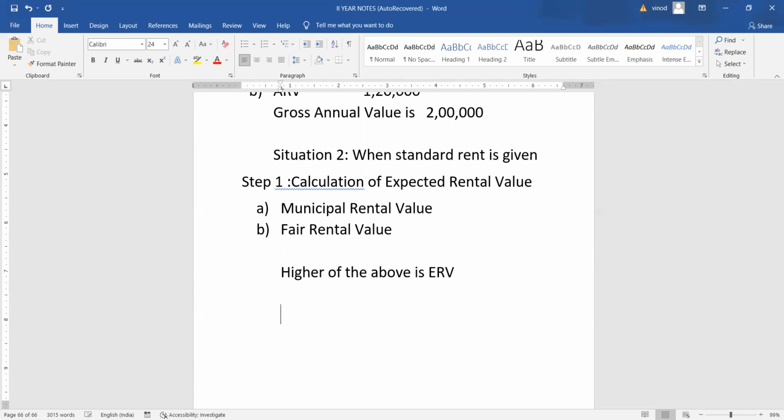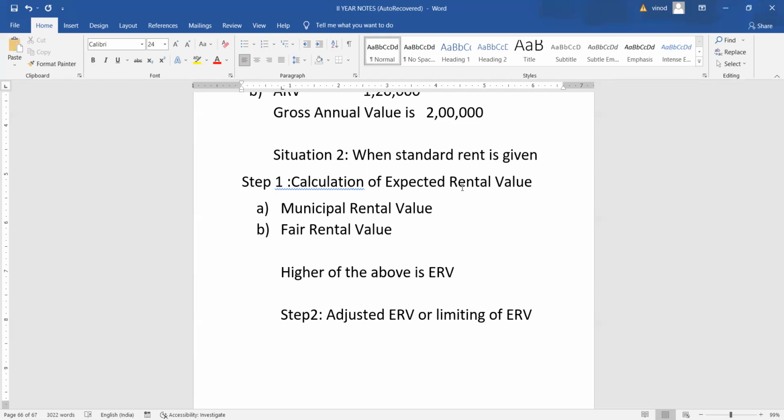Now in step 2, here we have the new thing. When standard rent is given in the problem, we should calculate adjusted ERV. It is also called the limiting of ERV.